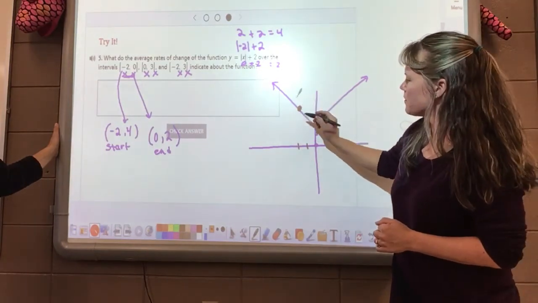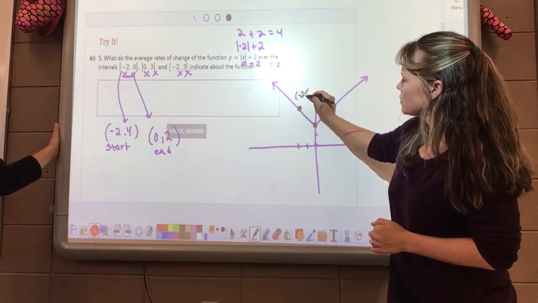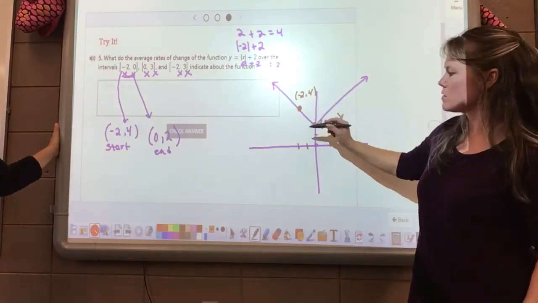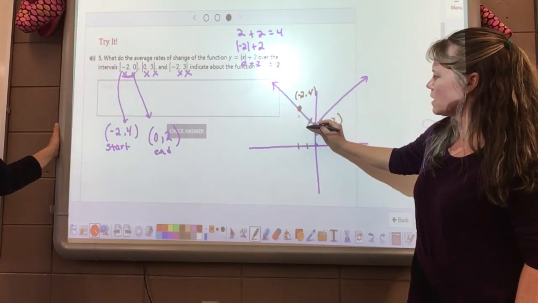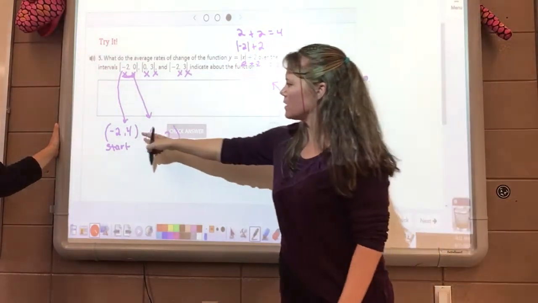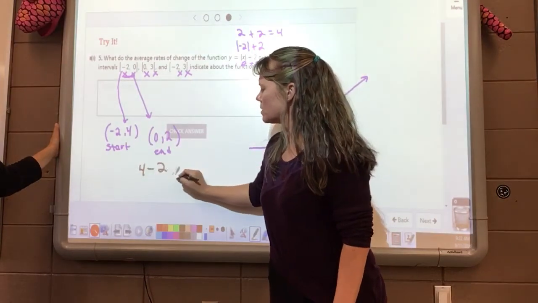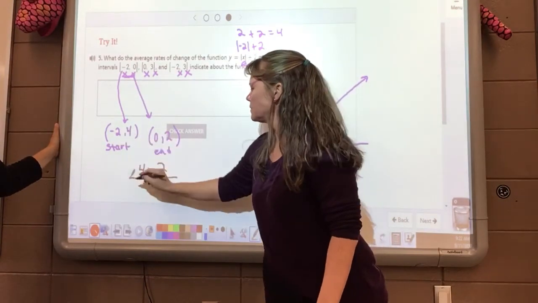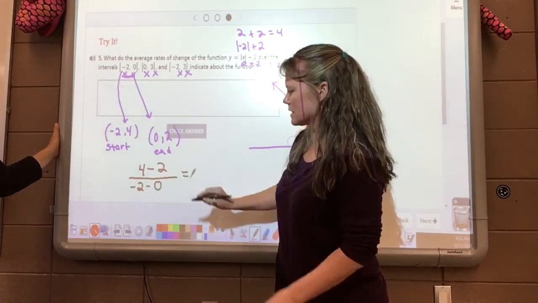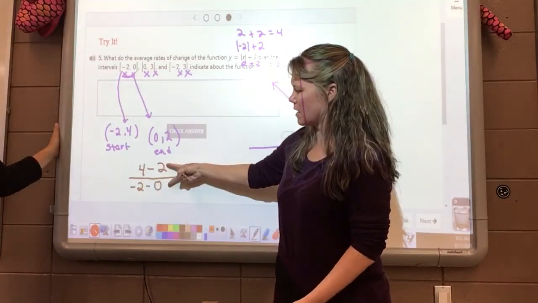So this is -2, 4, and this is 0, 2. For my rise over run, I'm going to be going down 2, over 2. So I bet my slope is -1, but I'll go ahead and do 4 take away 2, and -2 minus 0. You can do it in either order as long as you're consistent and your up and down is a point.